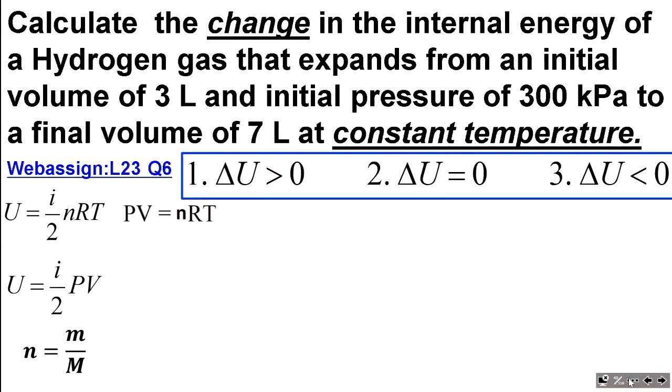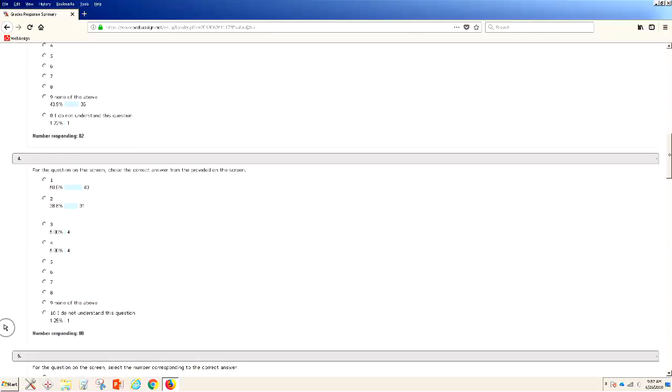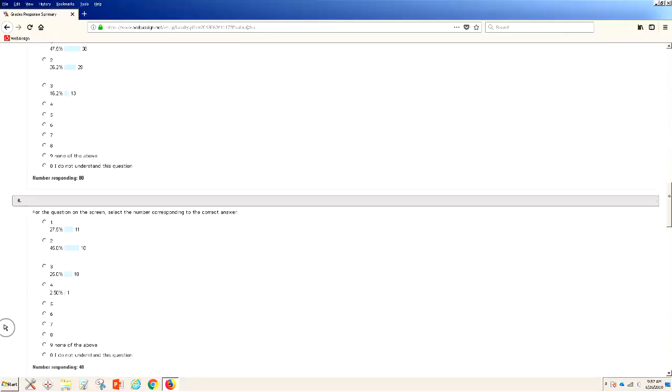If you think the internal energy decreases, change is negative, please raise your hand. That's question number 6, right? Well, I see all possible answers. Why did you raise your hand?